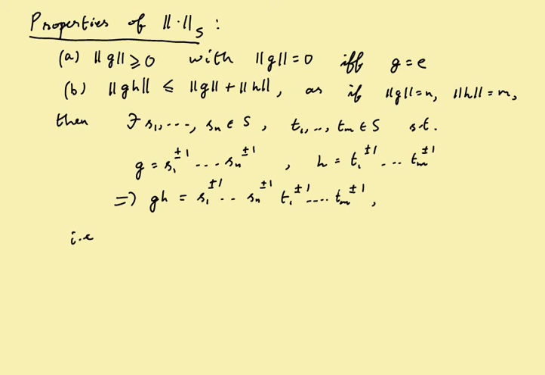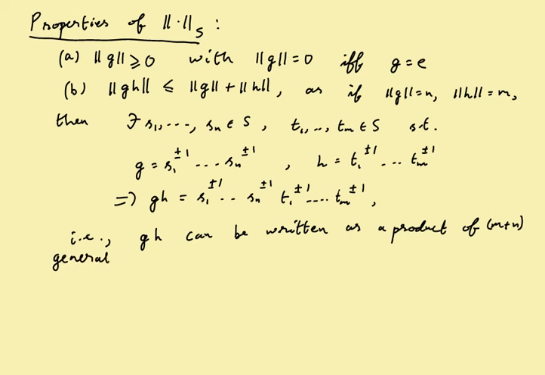That is, gh can be written as a product of m plus n generators and inverses of generators.